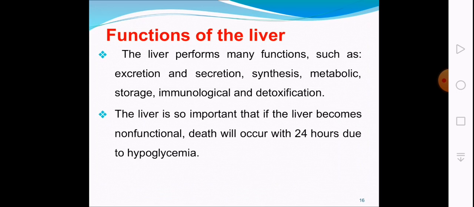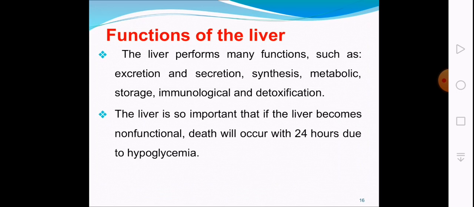The liver is so important that if the liver becomes non-functional, death will occur within 24 hours due to hypoglycemia. يعني الكبد عضو مهم جدا جدا، فلو لقينا انه مثلا حاصل لي توقف للكبد مثلا لمسافه بتاعت 24 ساعه او لفتره زمنيه 24 ساعه بنلقى انه ممكن يحصل لي this as a result of hypoglycemia.